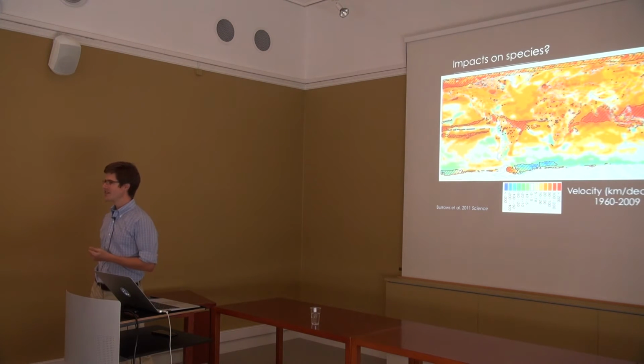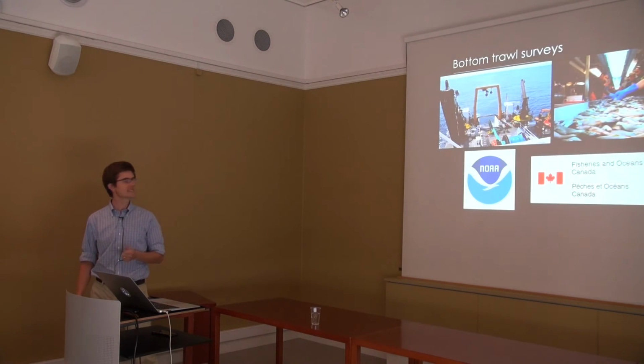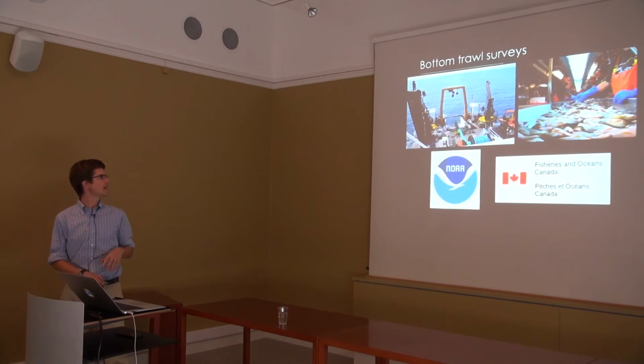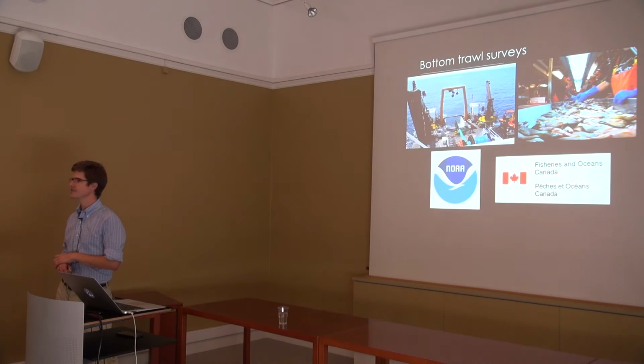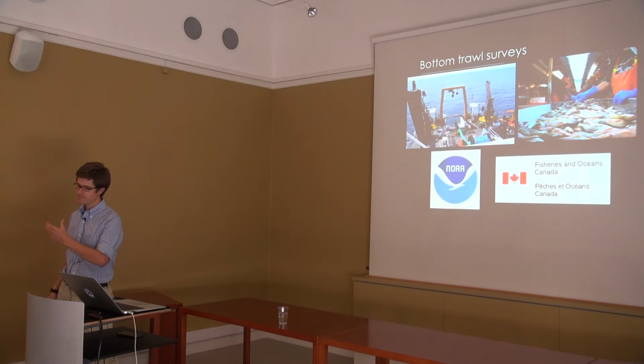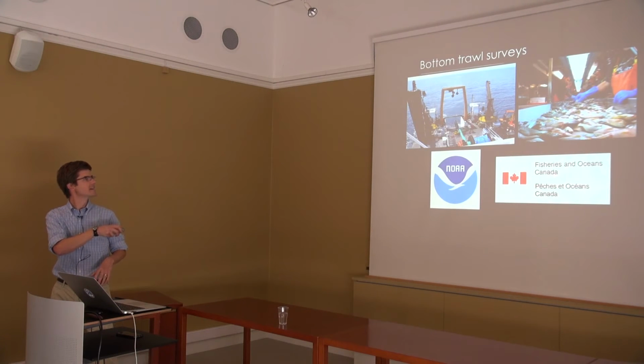Hard to find, though. It turns out in the ocean we actually have some data sets that are surprisingly good. These are ecological surveys, scientific surveys, often conducted by government agencies. Many fisheries agencies here in Europe do these bottom trawl surveys around Europe. In North America, we have NOAA and Fisheries and Oceans in Canada that conduct them.